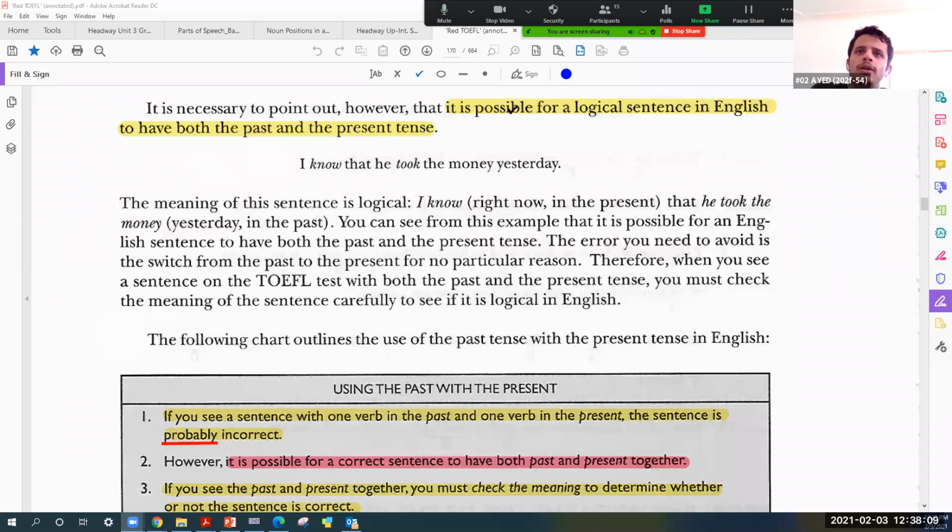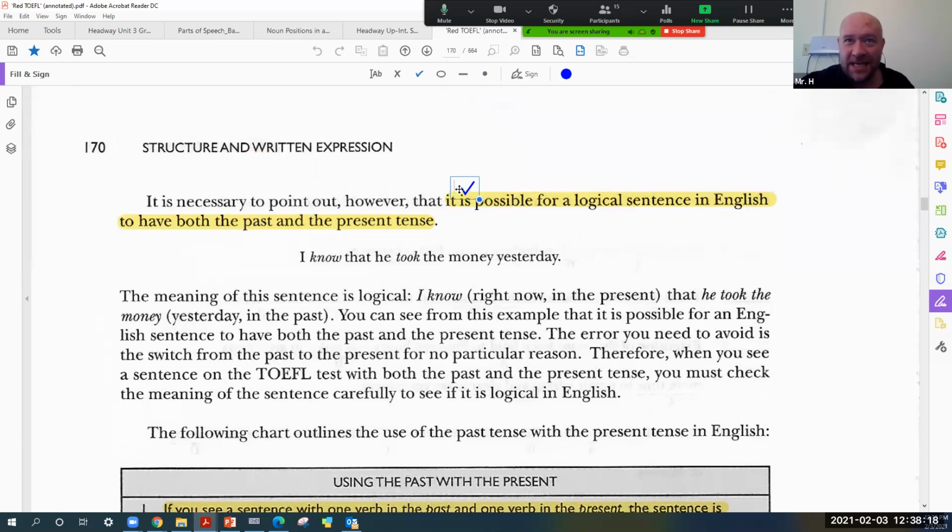It is possible for a logical sentence in English to have both the past and the present tense. It is possible, right? For a logical sentence.